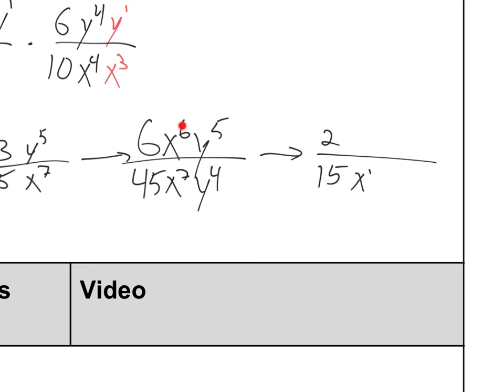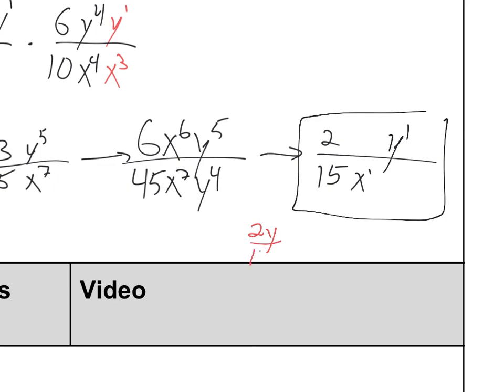Another way you could do this, 6 minus 7 gives me a -1. So I'd have x to the 1st, but in the bottom because it was -1. With y's, I've got 5 up top, 4 down below. If I cancel some away, reduce it down, I'd have 1y left up top. So 2y to the 1st over 15x to the 1st, or more condensed, like that.